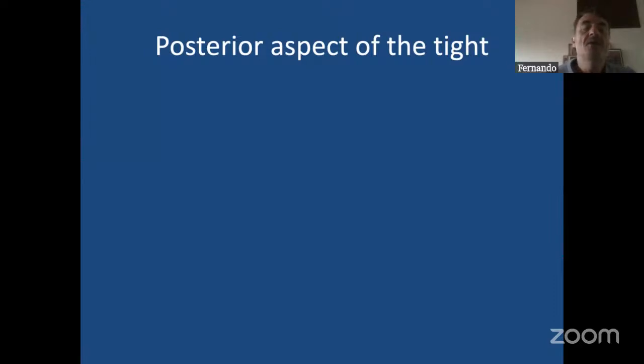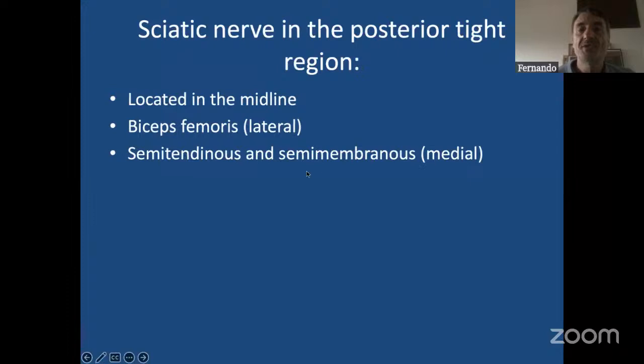After running in the gluteal region, the nerve goes to the posterior thigh region. And here, the nerve is very easy to locate, and the relationships are very easy to remember, because the nerve is located in the midline between the hamstring muscles, biceps femoris laterally, semitendinosus and semimembranosus medially.